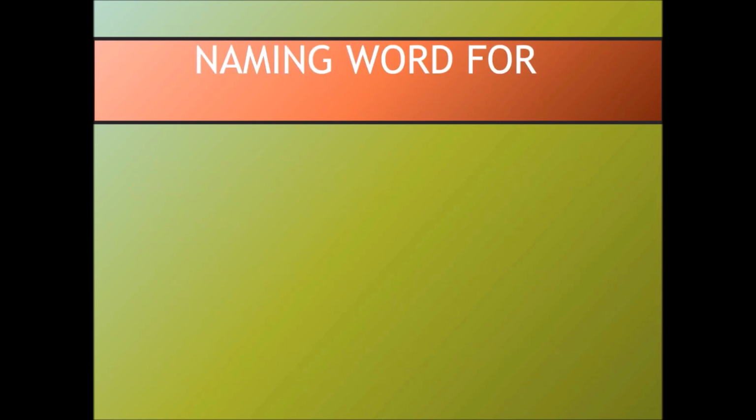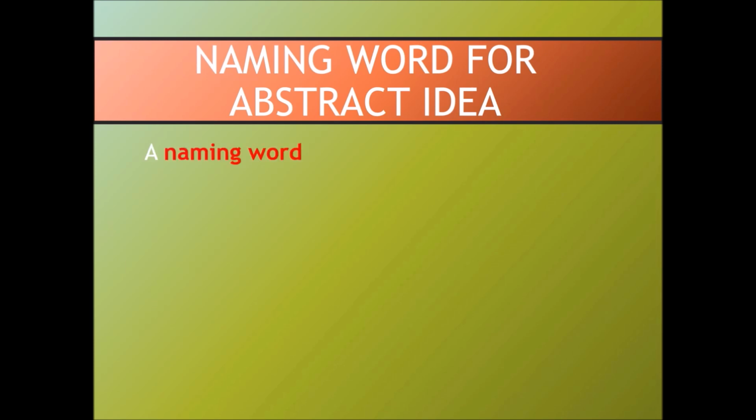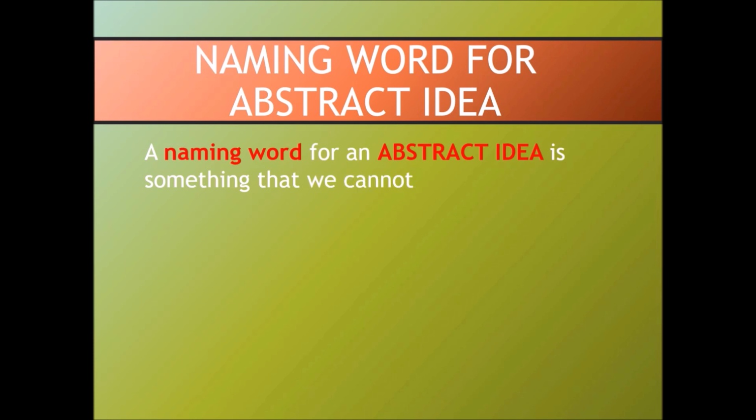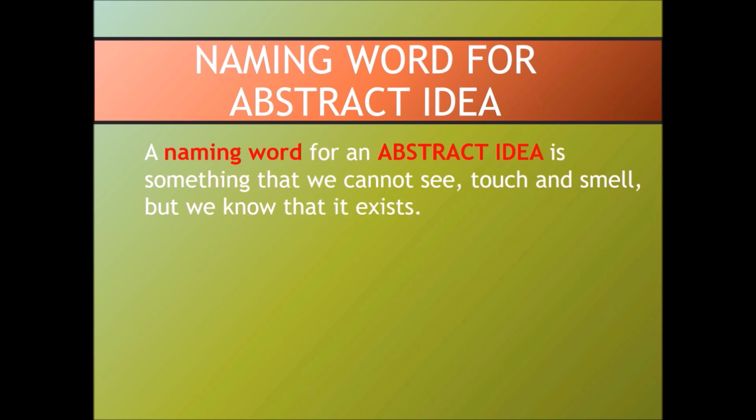Naming word for an abstract idea. A naming word for an abstract idea is something that we cannot see, touch, and smell, but we know that it exists. For example, brotherhood.